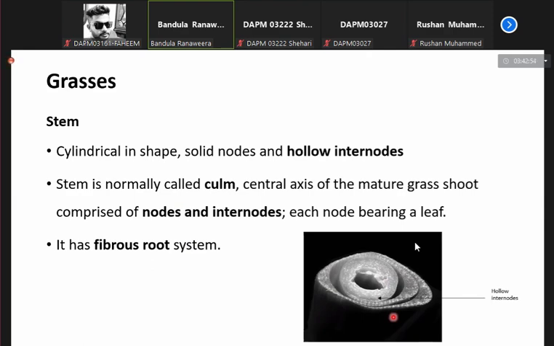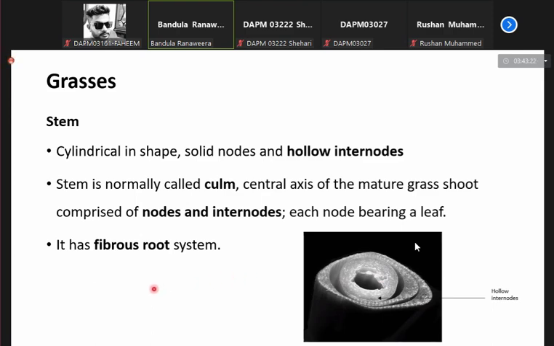and the central axis of this grass comprises nodes and internodes, and on each and every node there is a leaf.